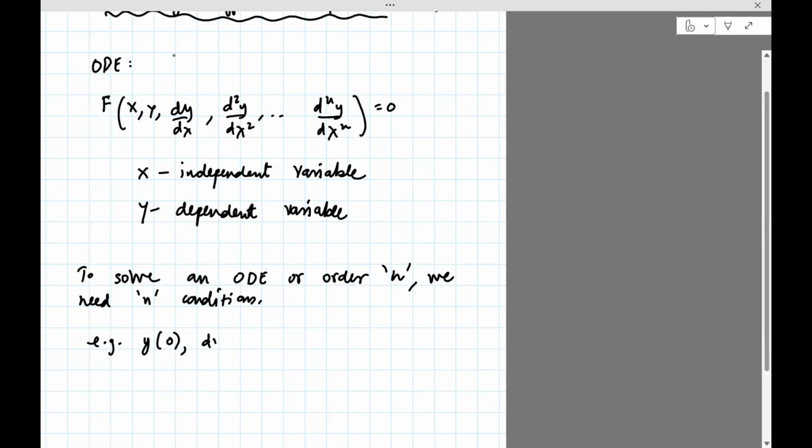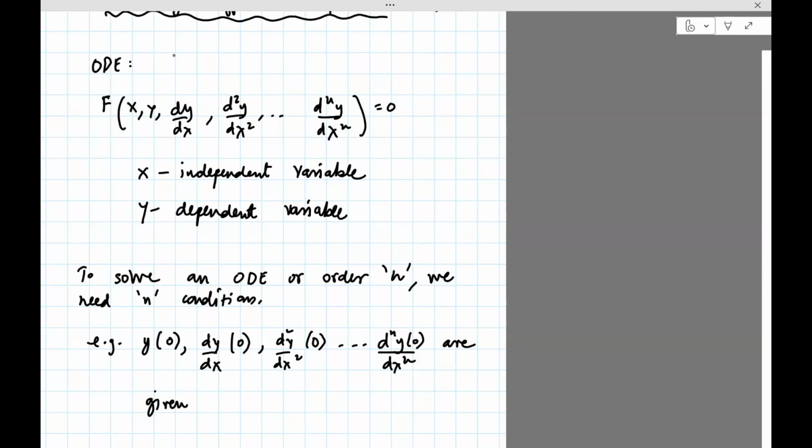Here we're given the values at x equals 0. Okay, so those are given, and you need n conditions.